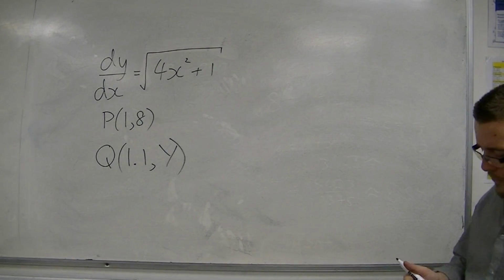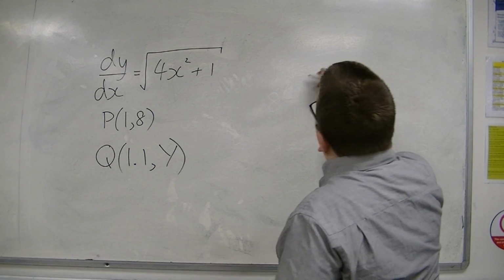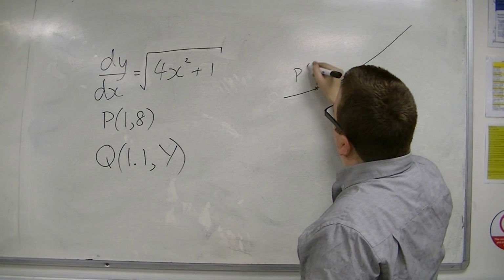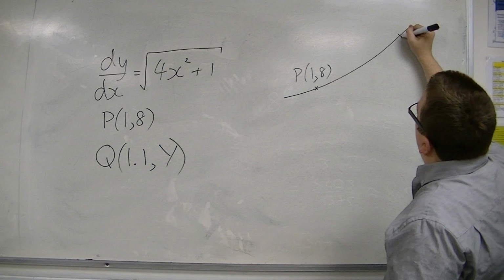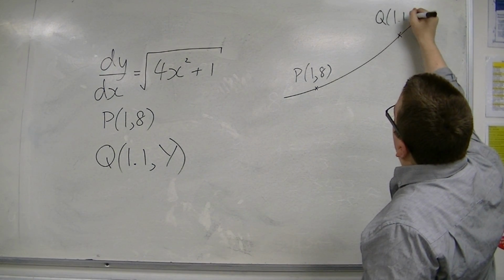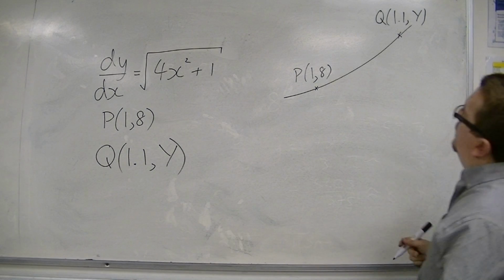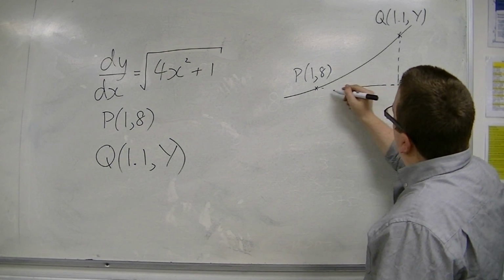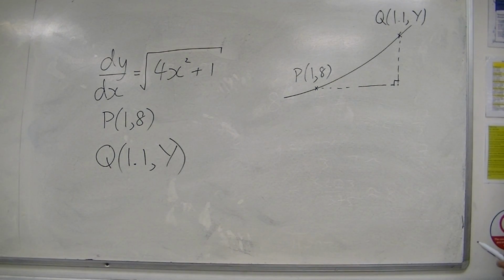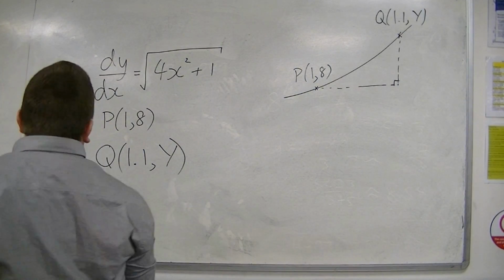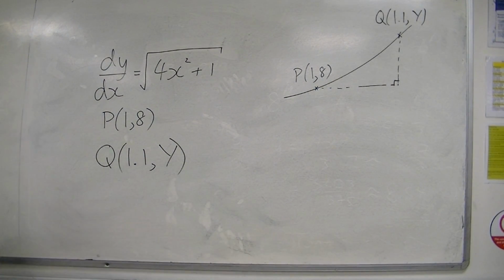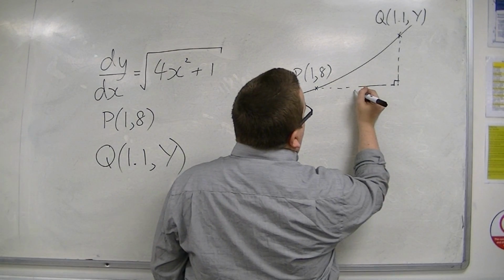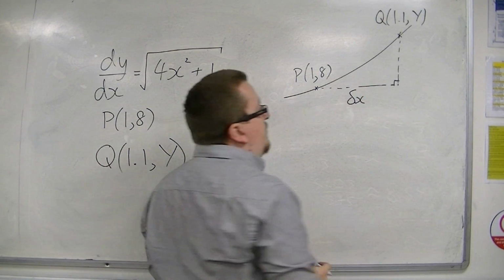So what we're going to do is, if we looked at the curve in question, and here's my point P, for example, there it is, (1, 8), and I say here's Q, which is at x = 1.1, then if I looked at the right angled triangle between those two points, then maybe if they are close enough, I could approximate the position of Q. So let's say that this length is delta x.